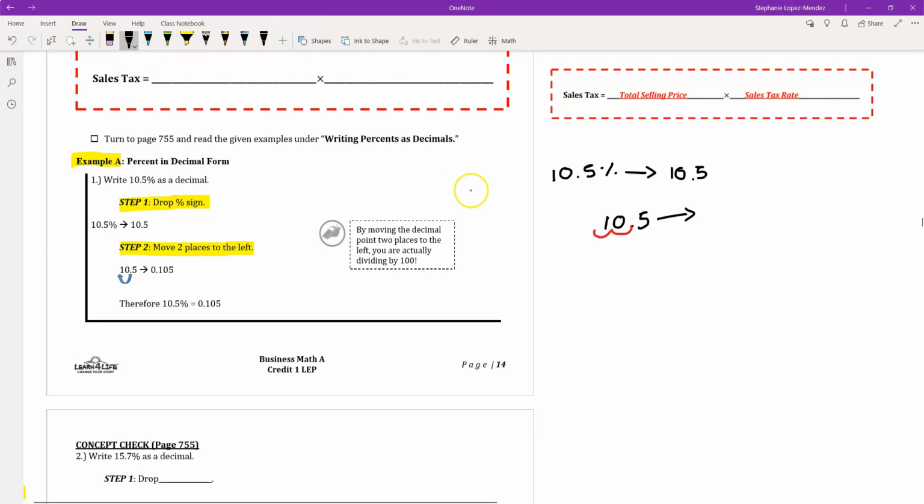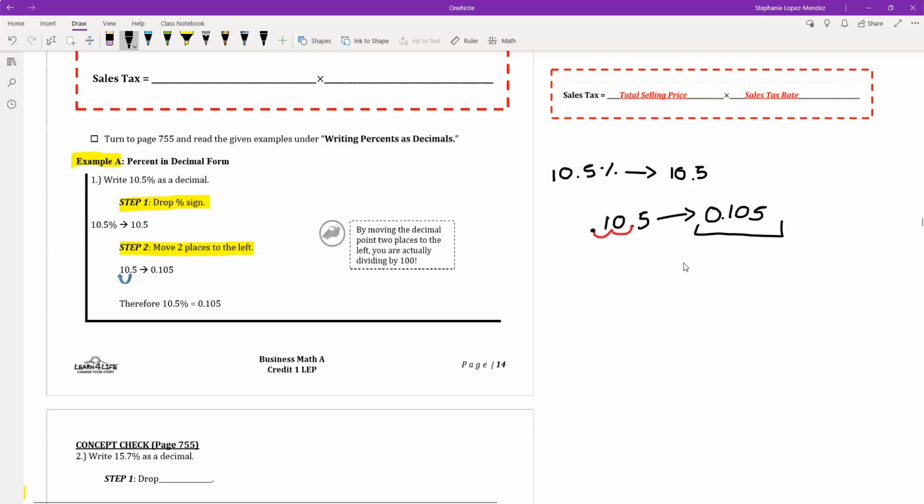So then my point, instead of being after the 0, is before the 1. How would this look? I add a 0 before the point, and then I write 10 and 5. So this is my answer now. From having 10.5%, now I have 0.105 as a decimal.